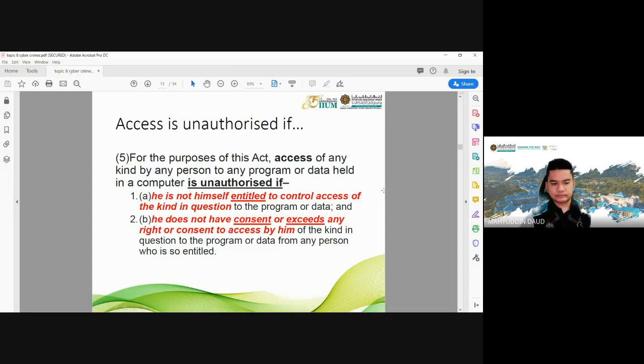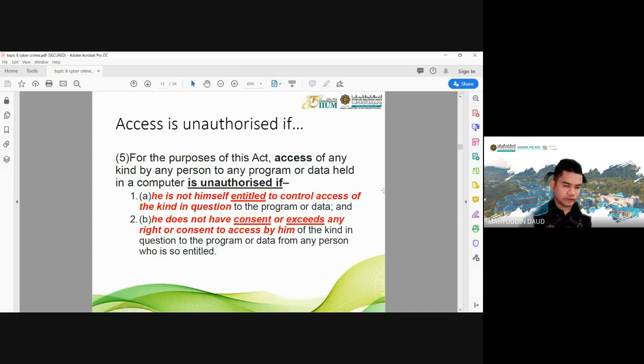And B, he does not have consent or exceeds any right of consent to access by him of the kind in question. So he does not have the consent to access this particular database, or maybe he has consent, but his authority is limited to a certain extent. When it is limited to a certain extent, he still does it, and it exceeds his authority. So that is unauthorized access, according to section 2 clause 5.